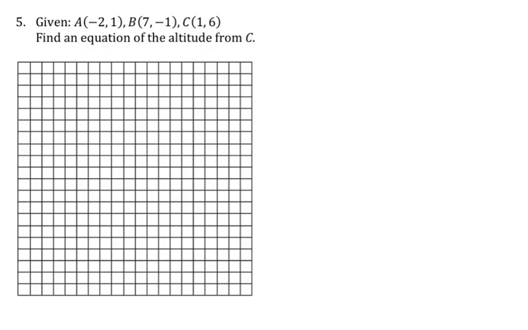So here we need to find the equation of an altitude from C. So what are we going to do? Let's try to plot it so that we can get a better picture.